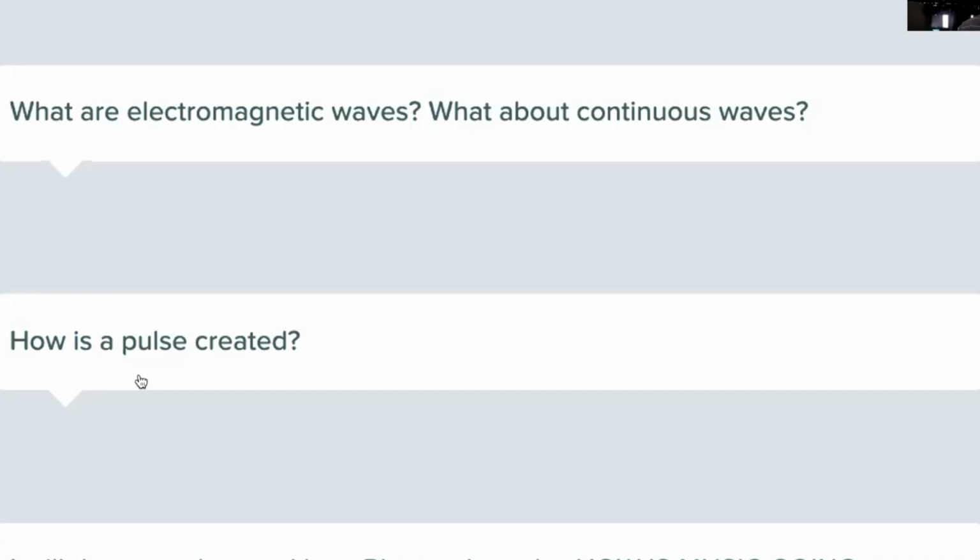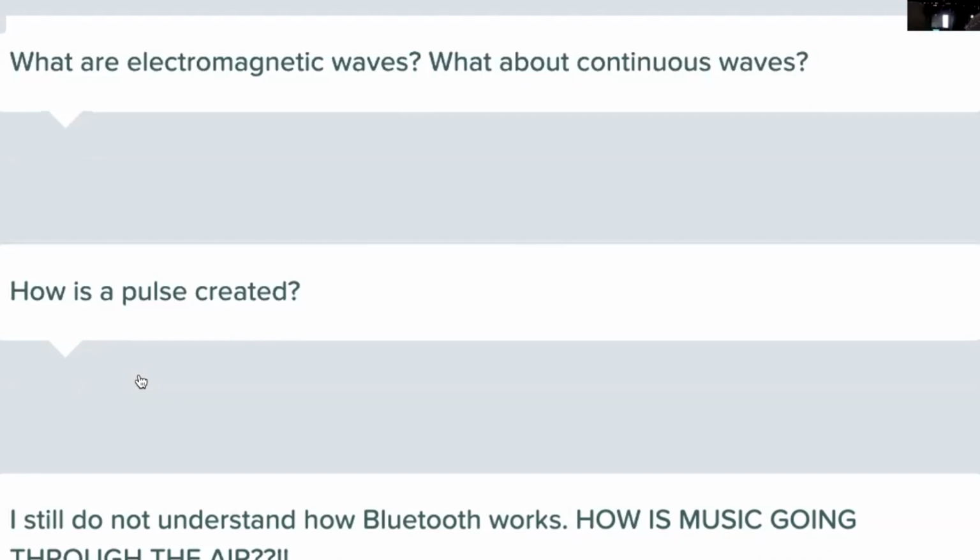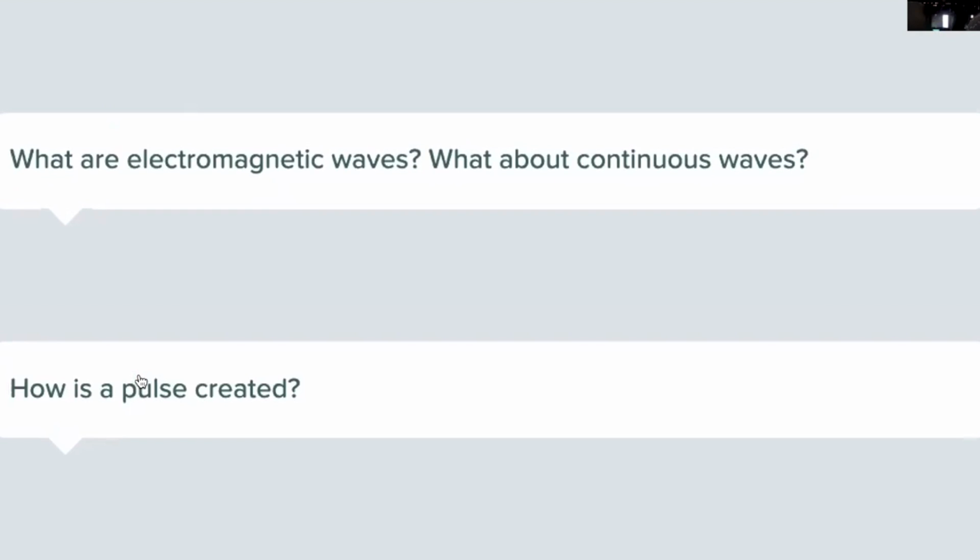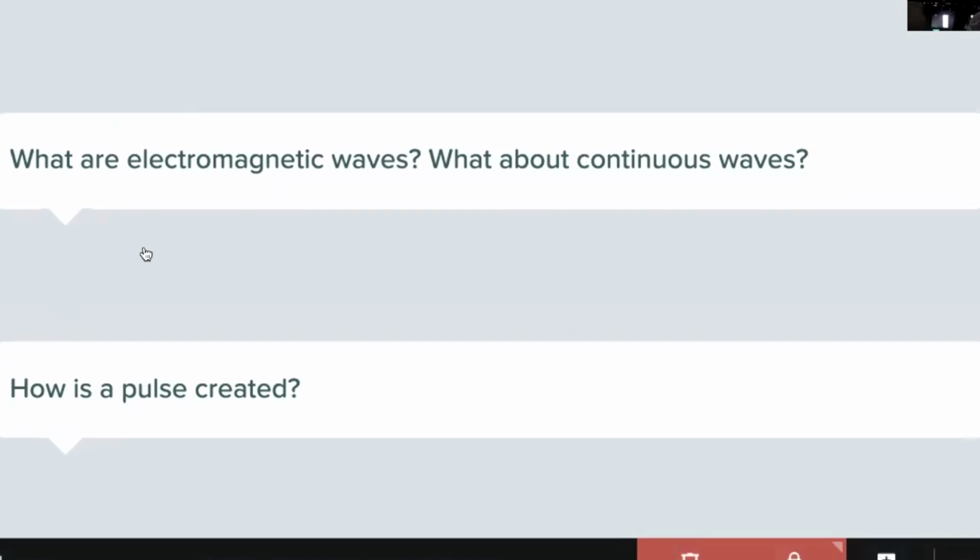If I were to draw it out, you could mark out the full wave. I don't want to confuse you, but there's only one pulse in that situation. I can map out the whole wave because all I need is the information from the one pulse to draw out the rest of the wave. So a continuous wave is one that in our class we're going to pretend goes to infinity and beyond. It never stops.